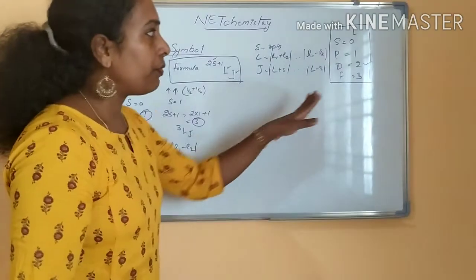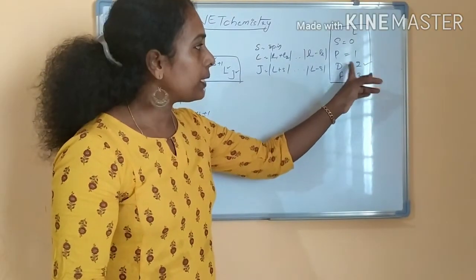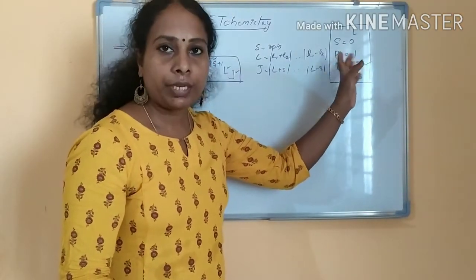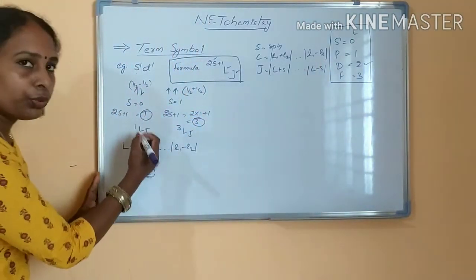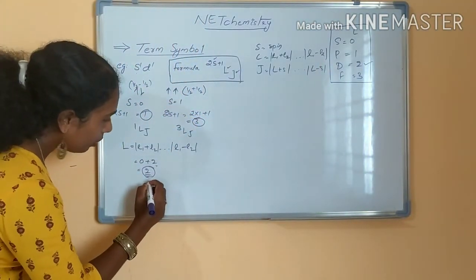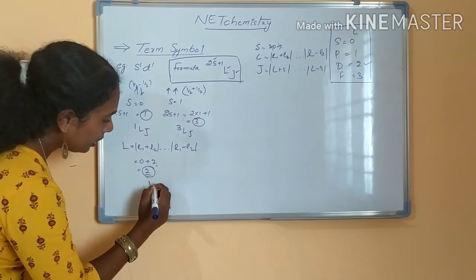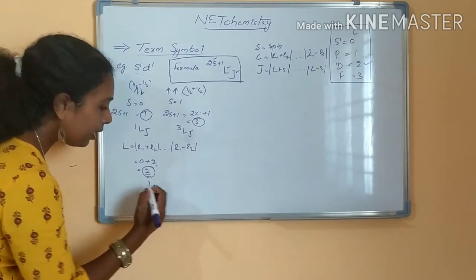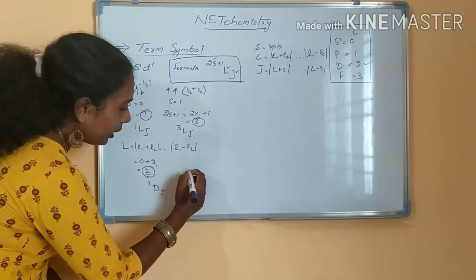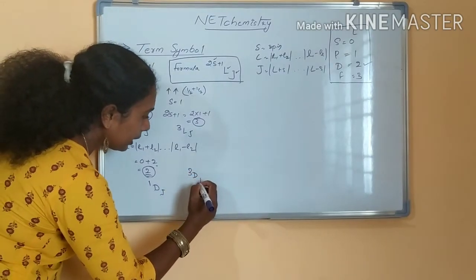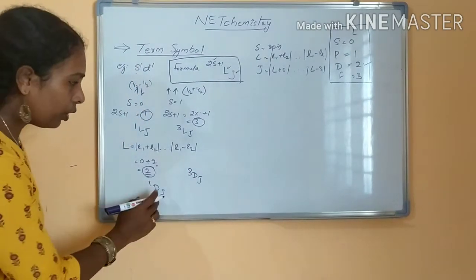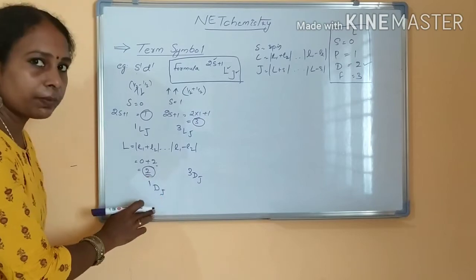So we have to see from this list which letter 2 represents. It is the capital D. So we substitute for L: here 1DJ, and here 3DJ. We got the L values and substituted them.